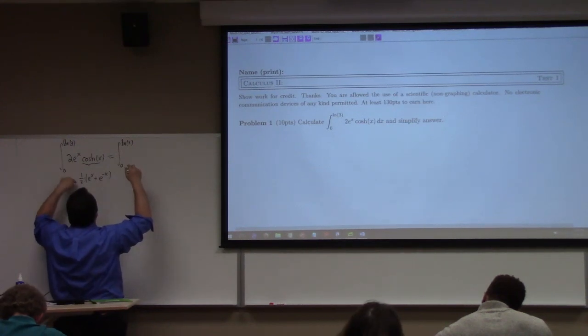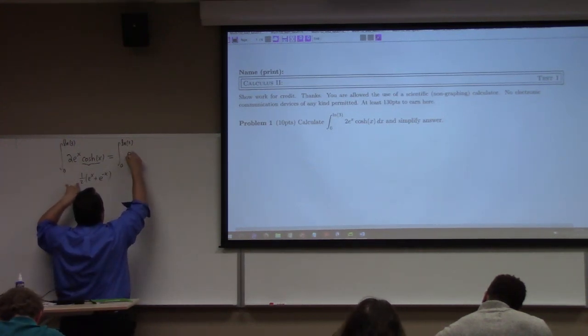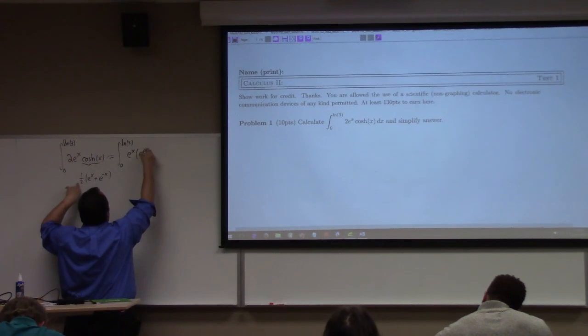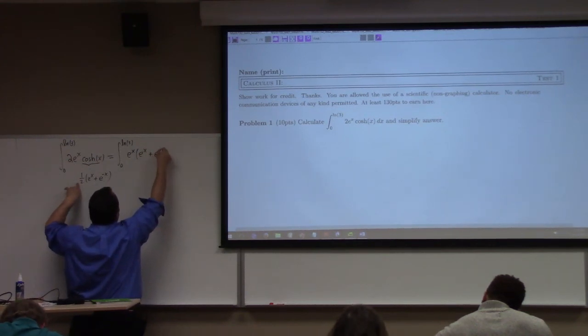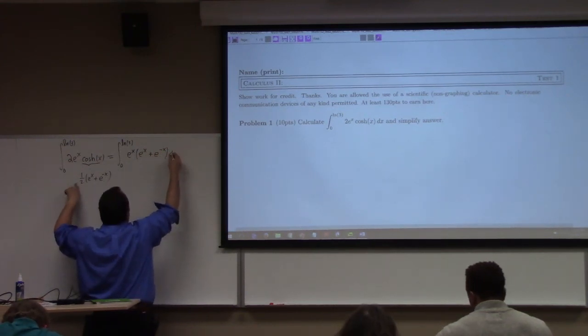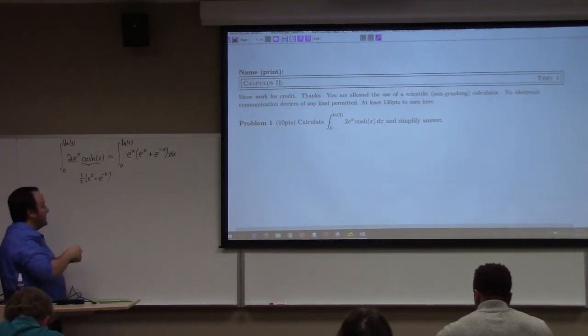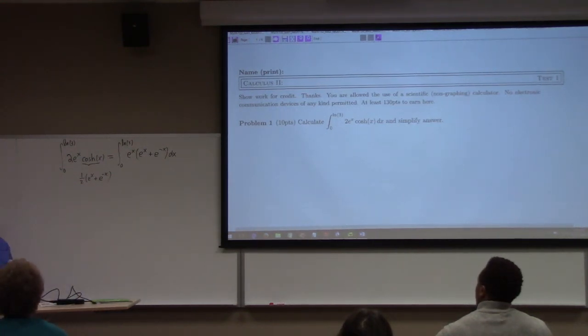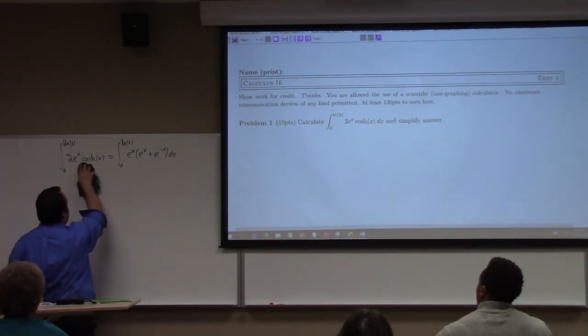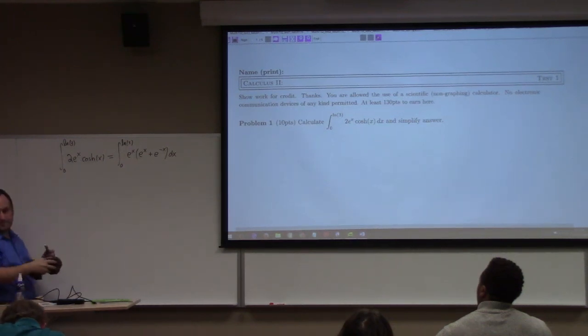That makes sense, right? And then the 2's cancel. When we multiply this 2 times that half, I'm just left with the integral of e to the x times e to the x plus e to the minus x dx. And yeah, I suppose you could use any number of integration techniques here, but you'd be wasting your time, right? Because the first thing you've got to do is just algebra.